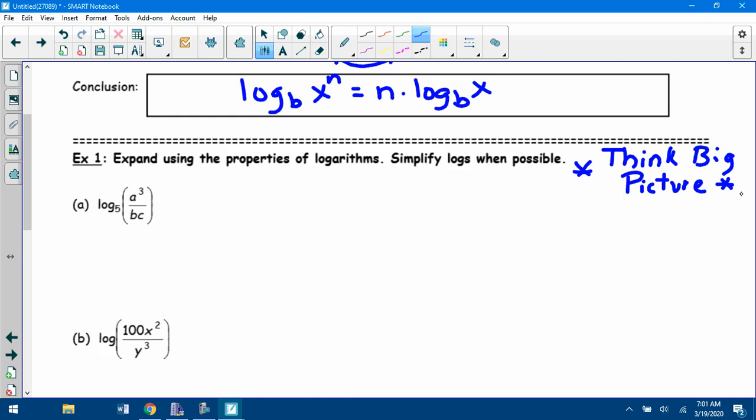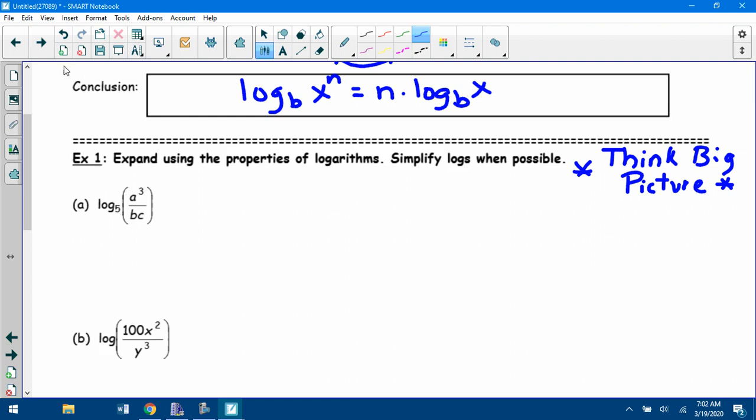So when I say big picture, like look at log base 5 of a cubed over bc, I want to say, would you say everything inside this log is being raised to a power? Is everything being multiplied? Or is everything being divided? That's the big picture. What would you say? Hopefully you're saying divided. Only the a is being raised to the power. Only the b and c are being multiplied, but the entire stuff is being divided. So that's what I have to take care of first.